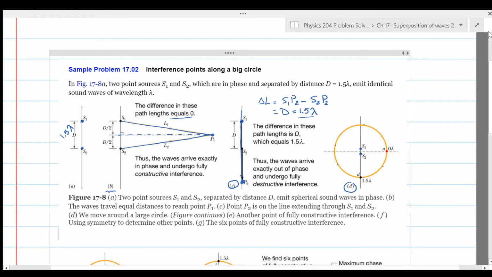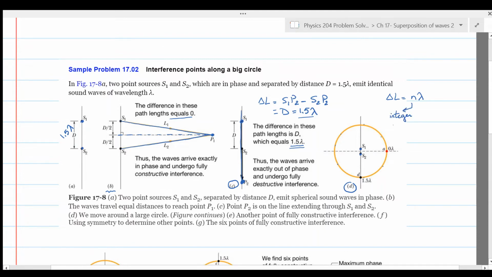Since the path length difference between these two sources in figure C is equal to 1.5 lambda, in order to know what type of interference we have here, let's recall the formulas for interference. When the path length difference is equal to an integer multiple of lambda, then we have constructive interference.